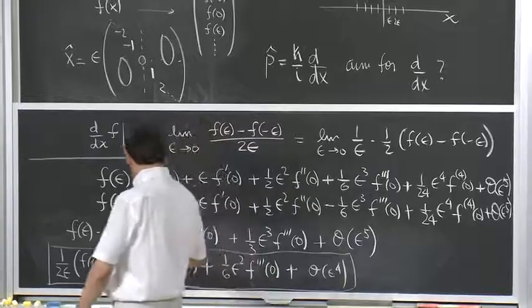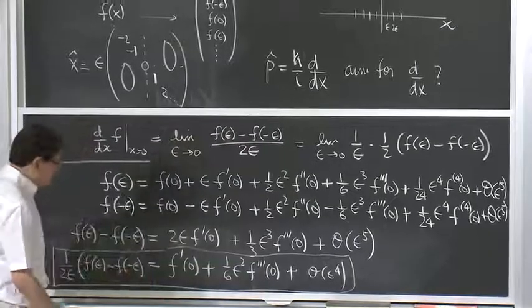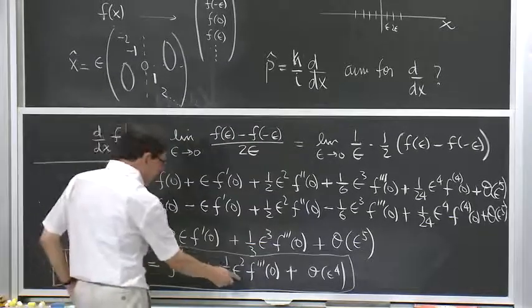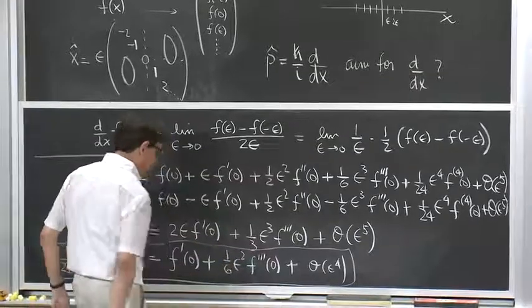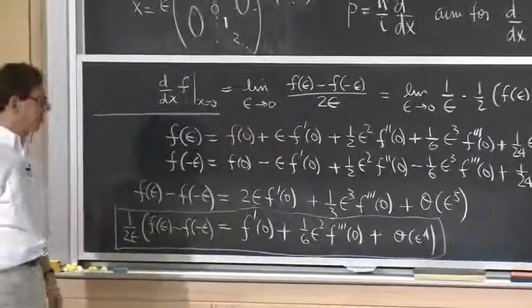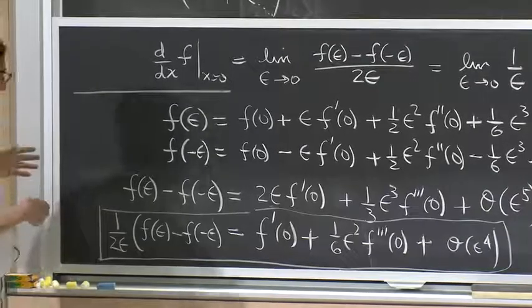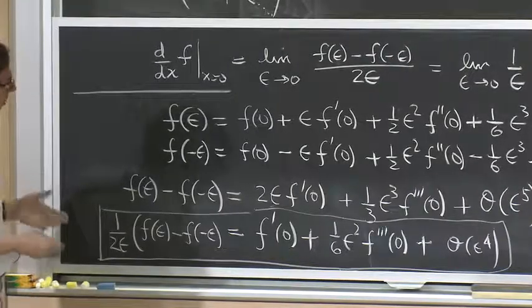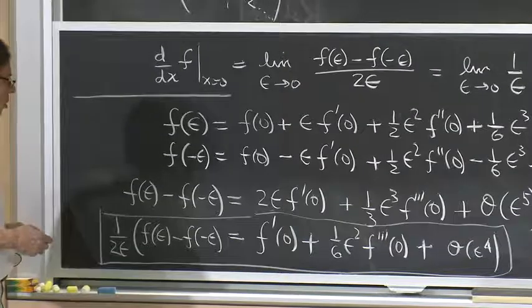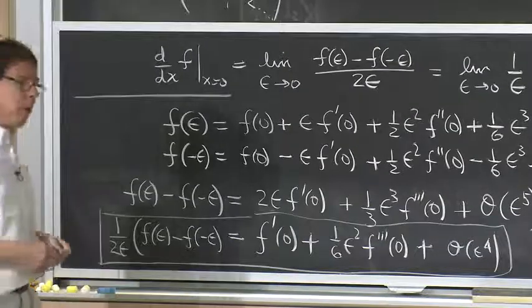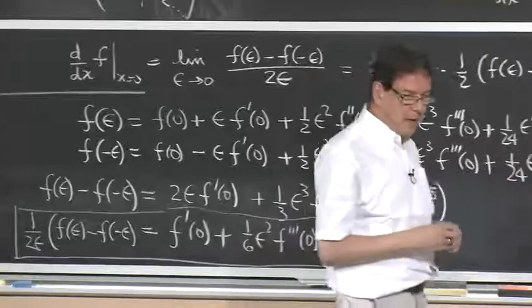So this is accurate, but for epsilon finite, there's a small error controlled by the third derivative. So you may try to do better, and it's interesting to do that. But at this moment, we'll have that over there.